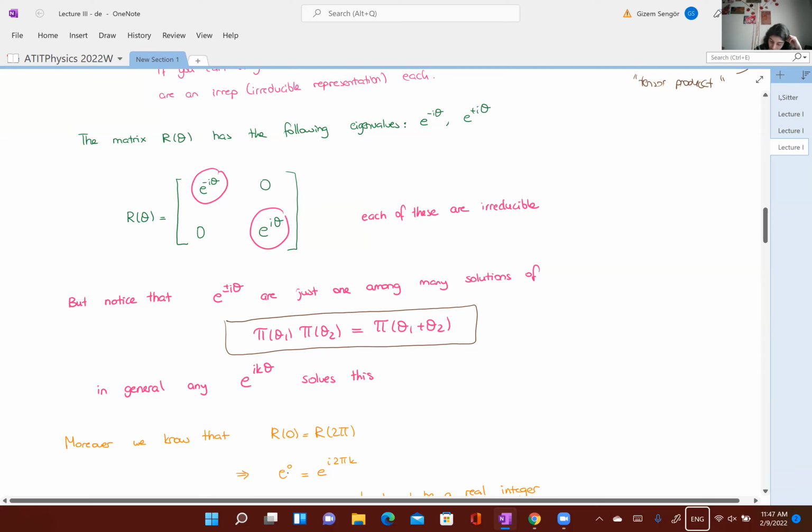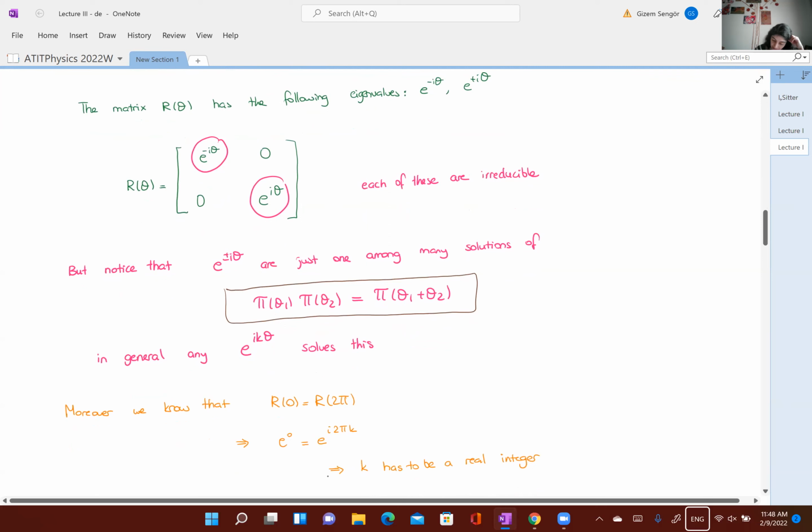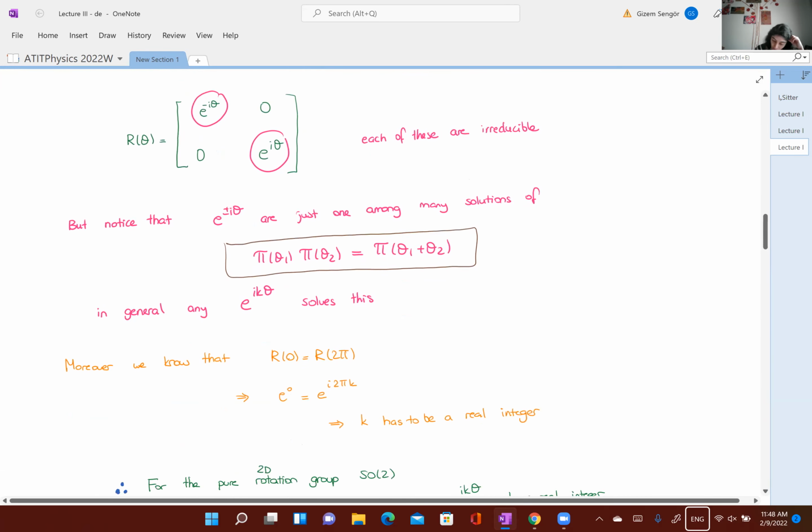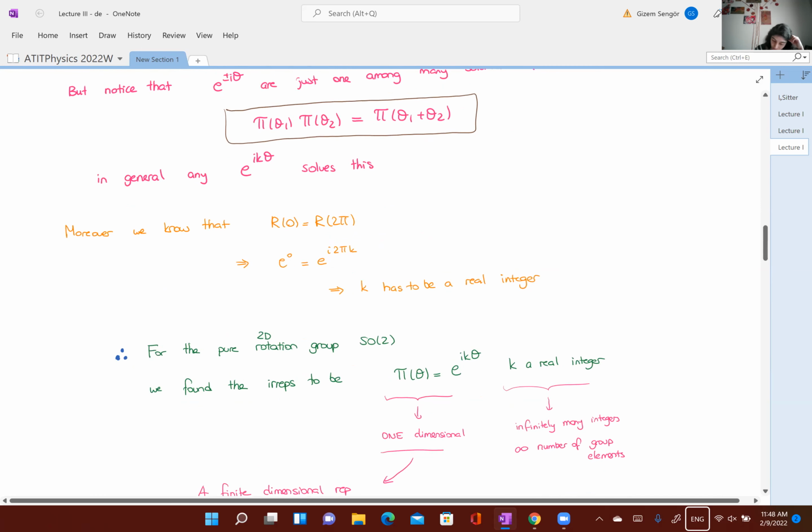So that means setting e to the i k times 2 pi equal to 1. And this is satisfied so long as k are integers. So actually, we found that for the pure rotation group, the irreducible representations are these functions, e to the i k theta, where k is an integer.